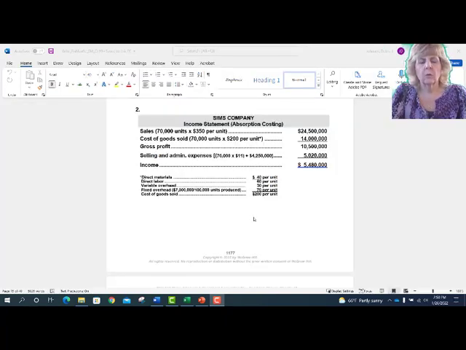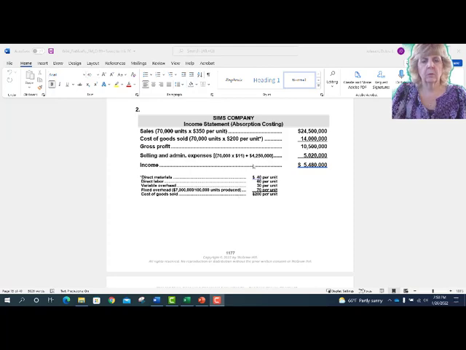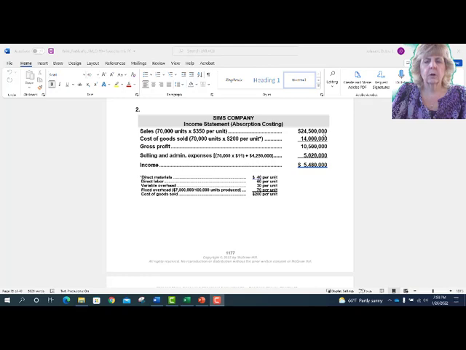Here's the absorption or regular GAAP traditional income statement. I would encourage you to first compute the product cost using GAAP. Materials, labor, variable overhead, and the fixed overhead are all included. That came up with an amount of $200 per unit. So the first two line items are just the units sold times the selling price on the sales line item and the unit cost on the cost of goods sold line item.